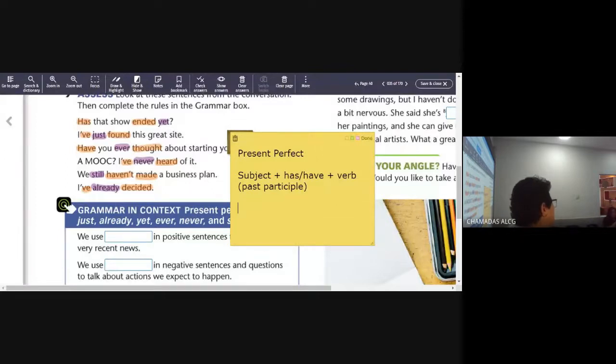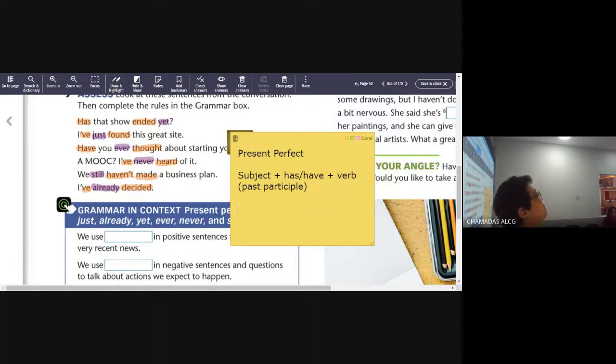Different things. Yeah, we are talking about the past. But what is the difference between the past from the simple past and the past from the present perfect? In the simple past, we have an action that was finished.